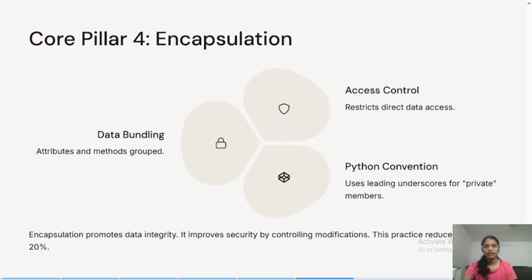Next, encapsulation. It's a bit of a security or storage thing. Think of a capsule pill. Everything's inside, but you don't need to know all the chemicals, right? That's encapsulation: keeping data and methods bundled and safe.